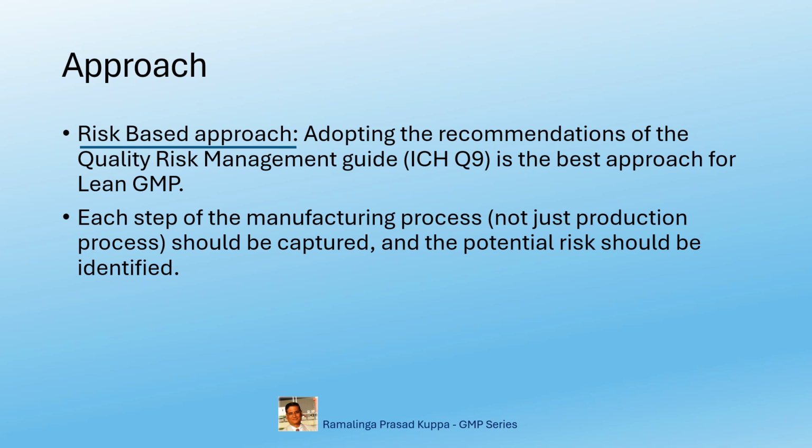Each step of the manufacturing process, not just production process, should be captured and the potential risk should be identified. So carefully capture all the steps in a tabular form. Never miss any activity. Let it be even a minor activity.